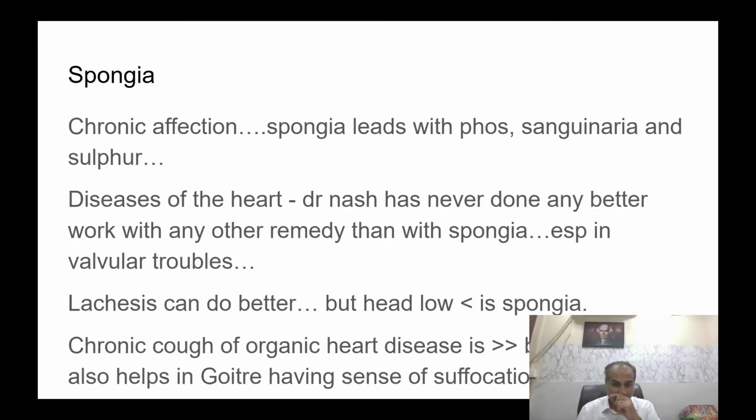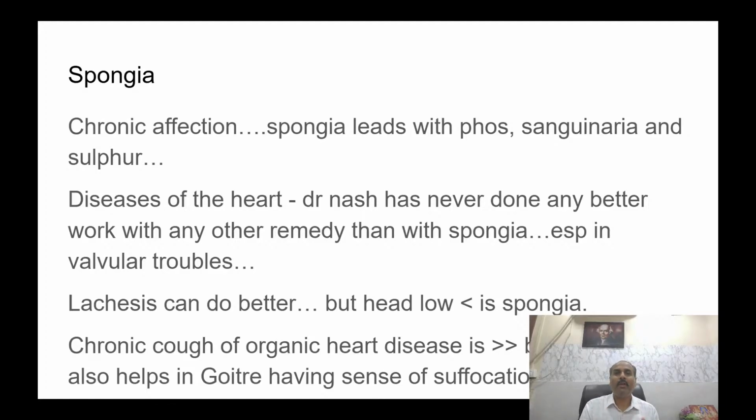So many times in our clinics we will be having patients of heart diseases, and it's very difficult to tackle them considering how cardiologists have laid their web actually. So how will you manage?